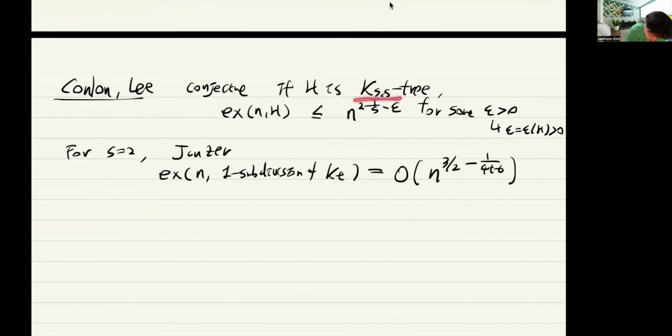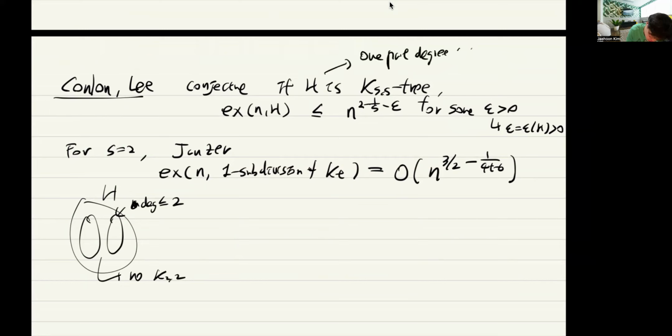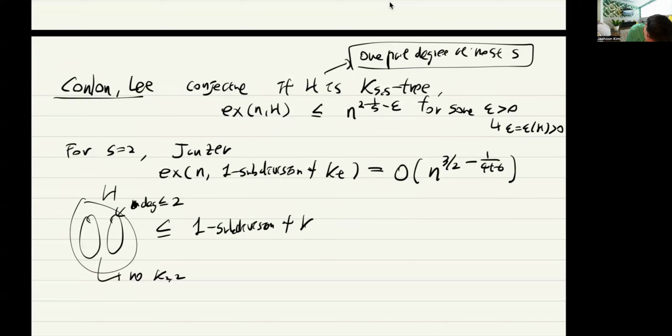So if H has one part with degree at most 2 and no K_{2,2}, then this is a subgraph of the one subdivision of some complete graph K_t.